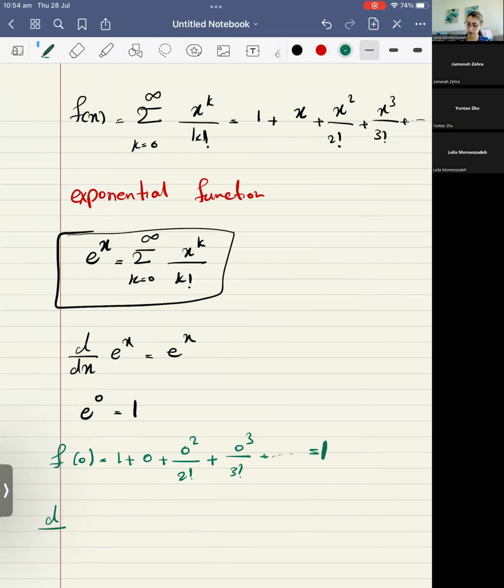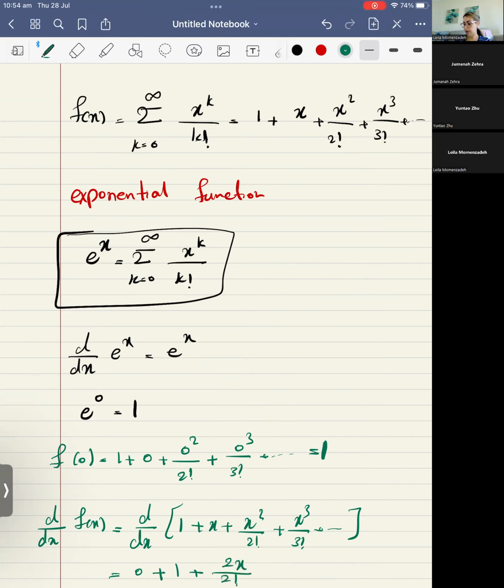And the derivative of f of x, the derivative of 1 plus x plus x squared over 2 factorial plus x cubed over 3 factorial, would be equal to 0 plus 1 plus 2x over 2 factorial plus 3x squared over 3 factorial plus 4x cubed over 4 factorial and so on.